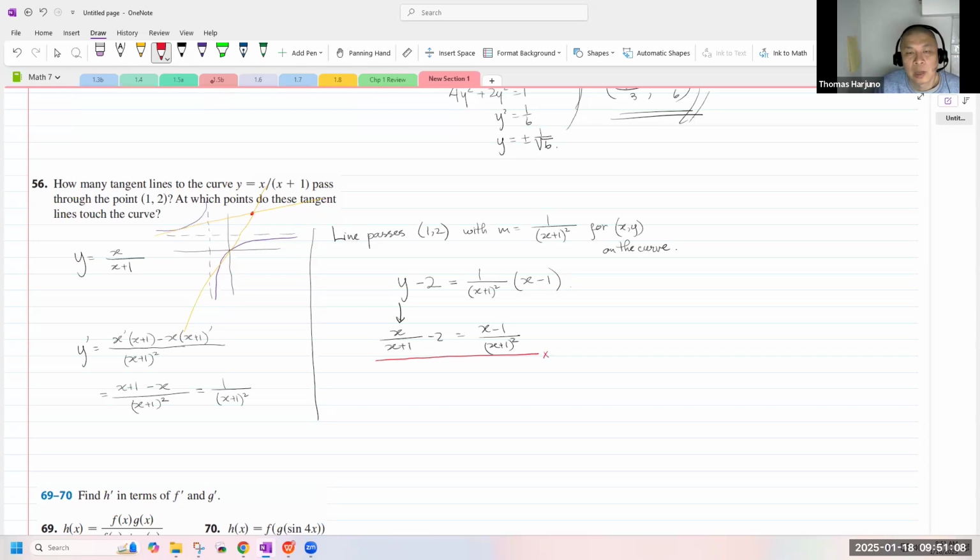So I will multiply by the LCD, x plus 1 squared. That will give me x times x plus 1 minus 2 times x plus 1 squared equals x minus 1. So this is x squared plus x minus 2 times x squared plus 2x plus 1.